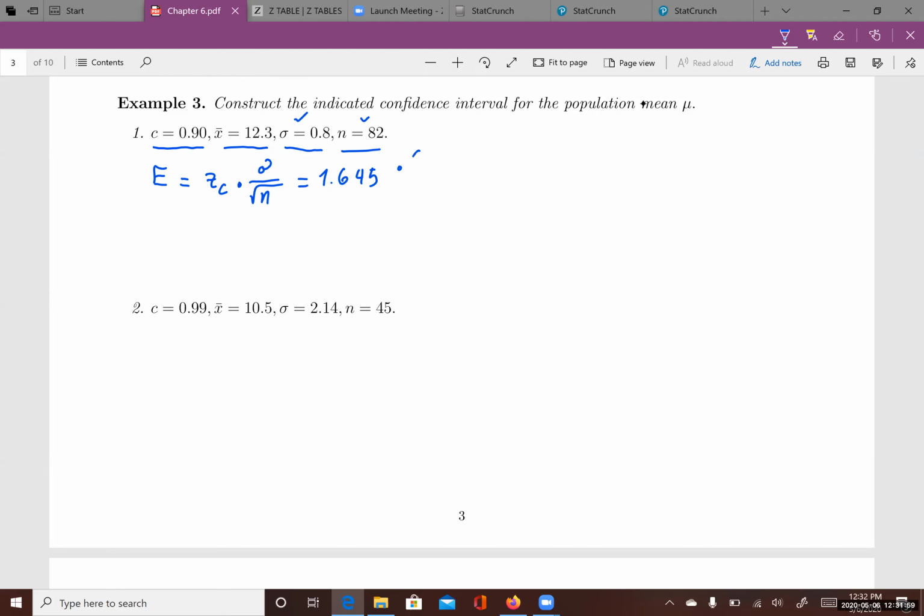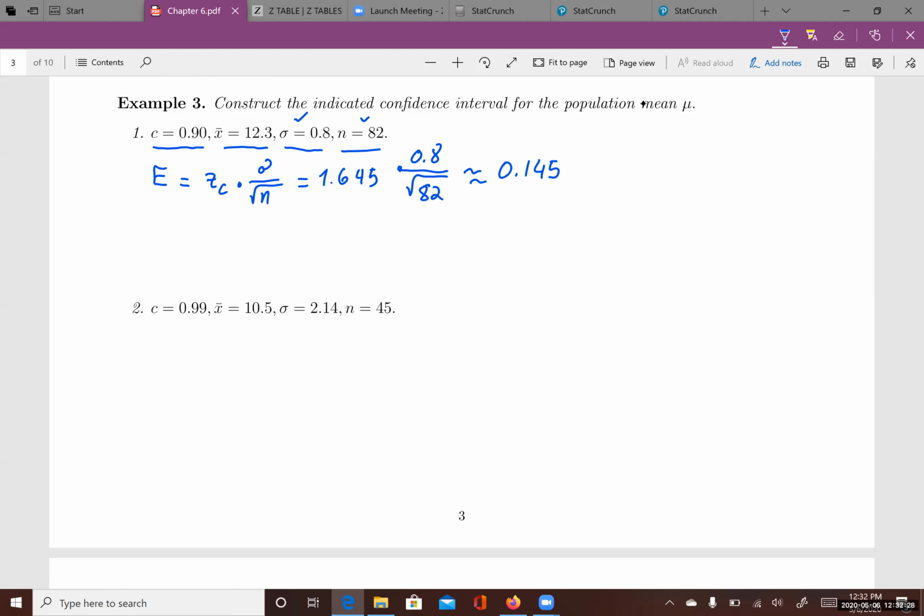Multiply by 0.8 divided by the square root of 82, which is around 0.145.